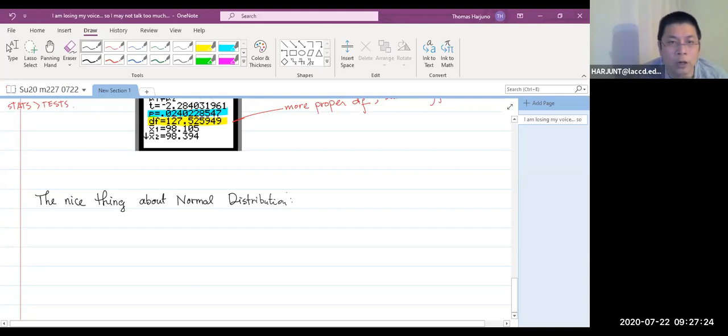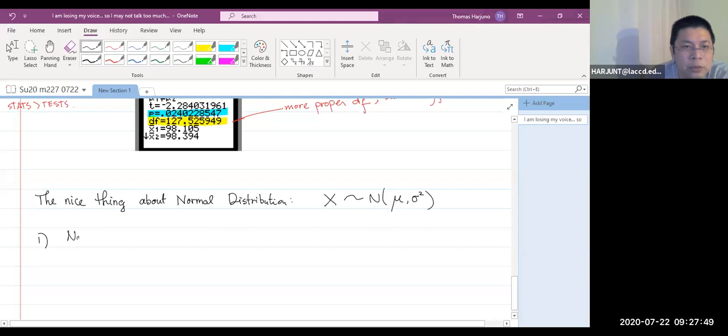Not a lot of other distributions have this following property. This one we know, we denote that X is normally distributed with mean mu and variance sigma squared, right? That's the notation.